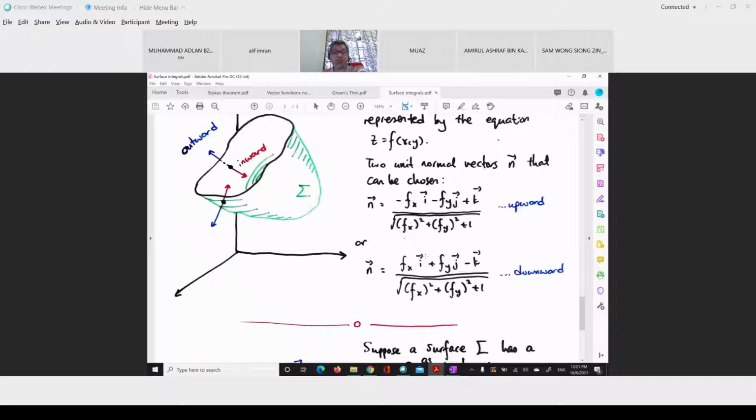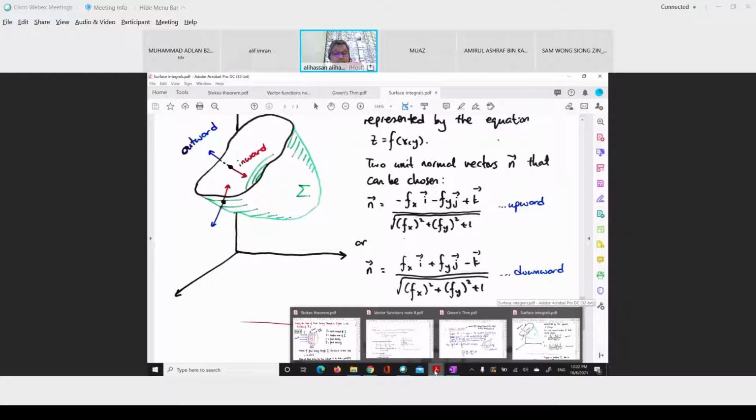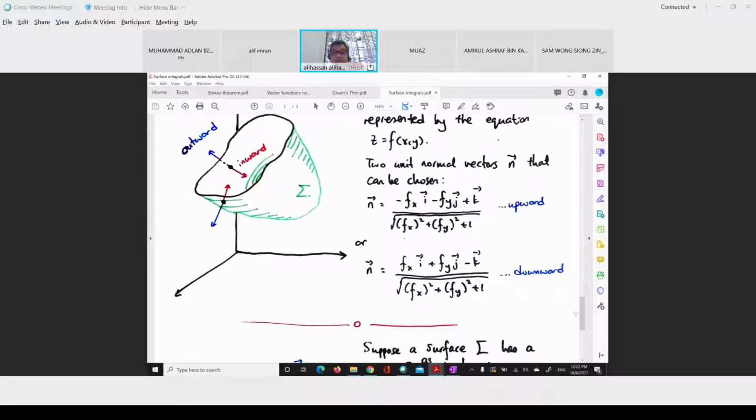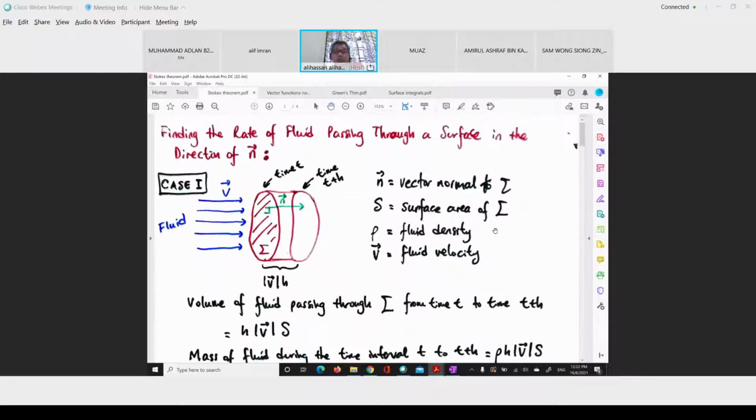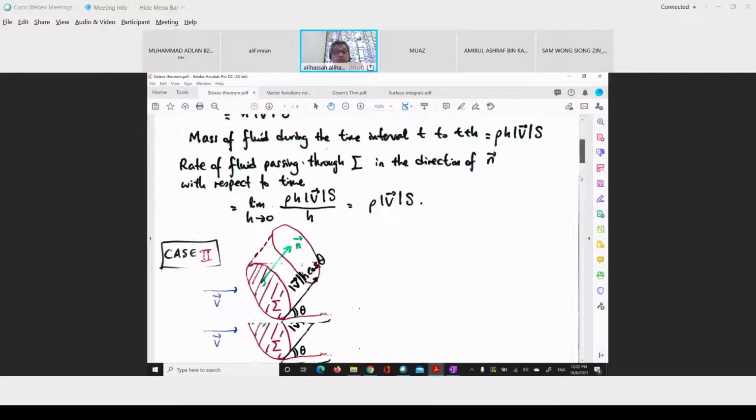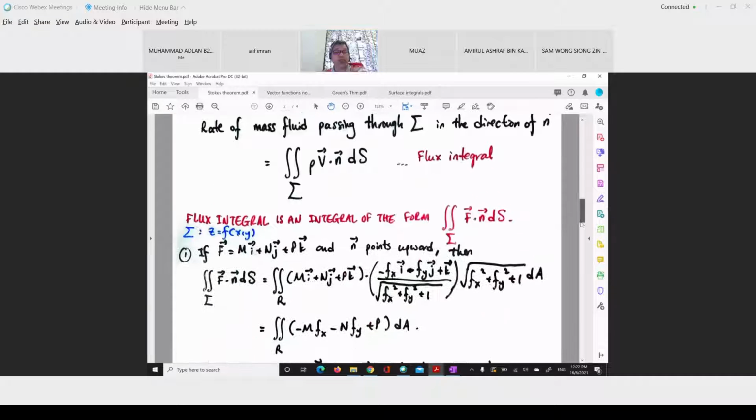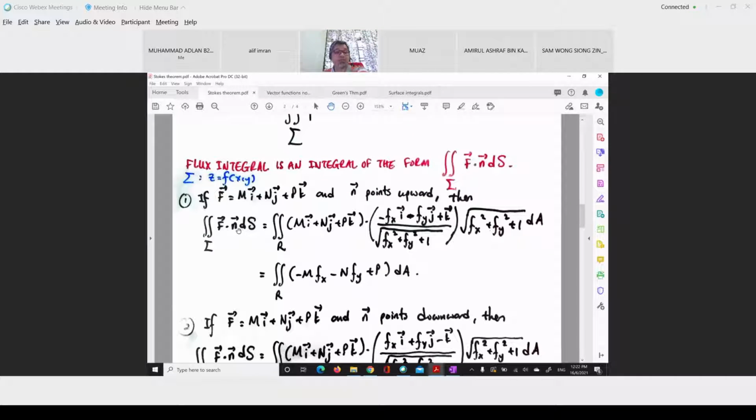So I'm using these formulas for the normal vector in the evaluation of the flux integral. If the normal vector n points upward, then we replace n by this ratio here.